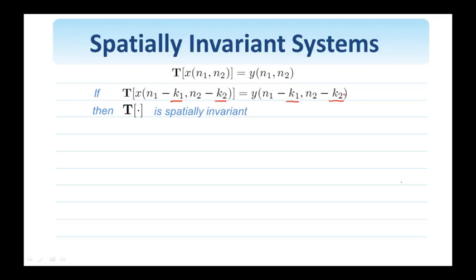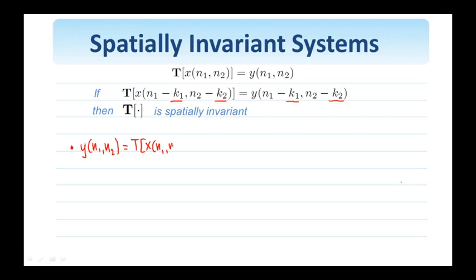Another way to express this is to say that the system does not care about the location of the axis, does not care where the 0,0 point is located. This property is important by itself, but even more important when combined with linearity, as we're going to see right away.